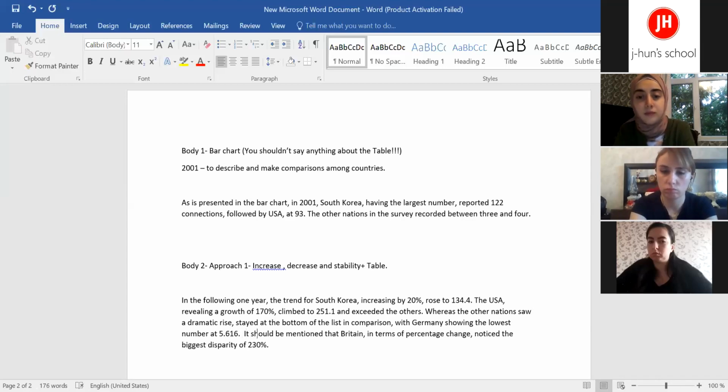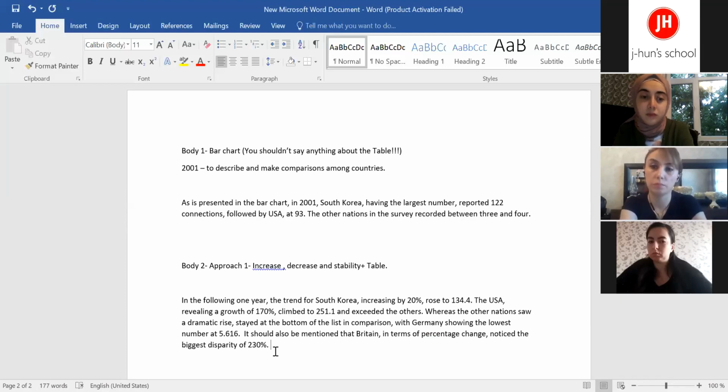It should also be mentioned that Britain, in terms of percentage change, noticed the biggest disparity of 230%. Okay.